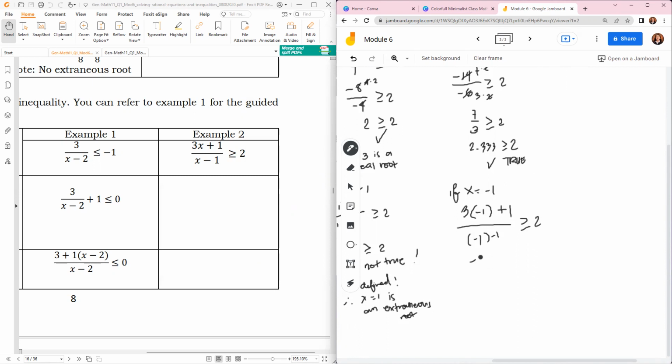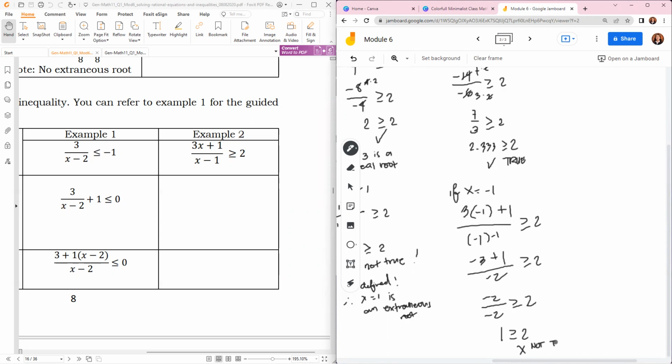So 3 times negative 1, negative 3 plus 1, negative 2, and negative 1 minus 1, that would be negative 2. So negative 2 over negative 2 greater than or equal to 2. Negative 2 over negative 2, that's just 1, di ba? Kay negative over negative, positive. So kani siya, is 1 greater than or equal to 2? No, it's not. So it's not true.